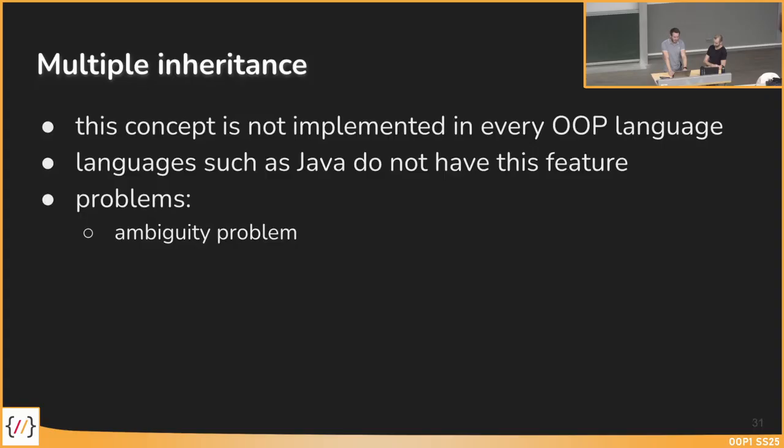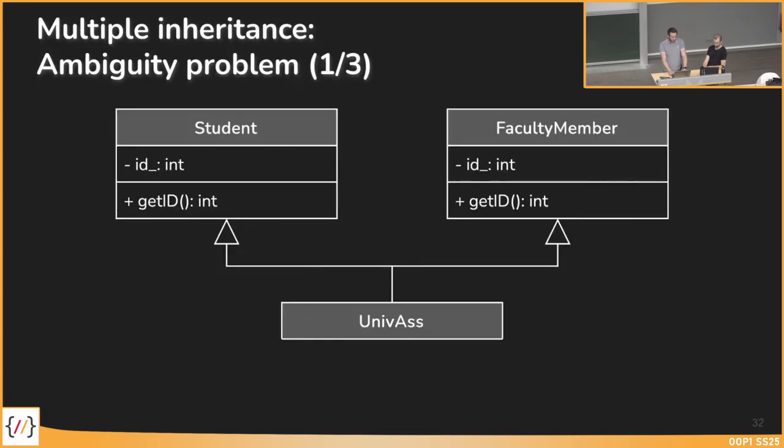The first one is the ambiguity problem, and the second one is the diamond problem. So two problems we have a look at. The first one, we have here a similar example, again, a student and a faculty member. Now we have different members for the classes.